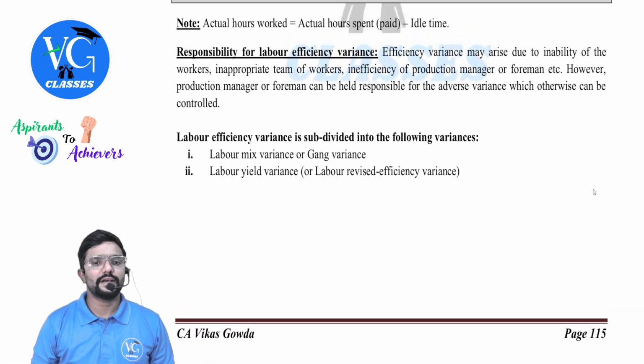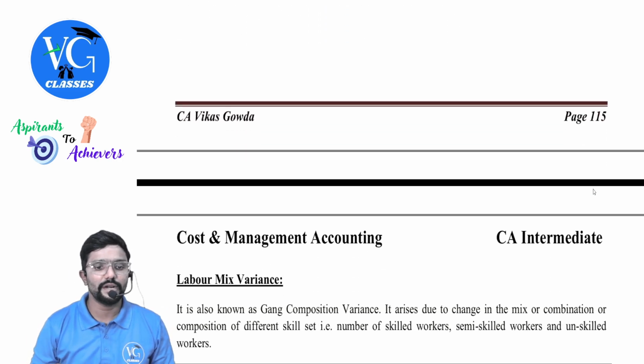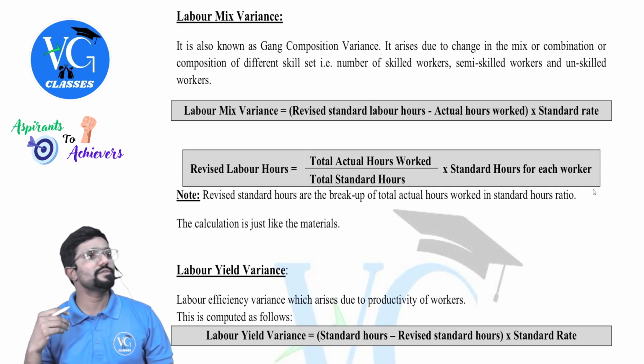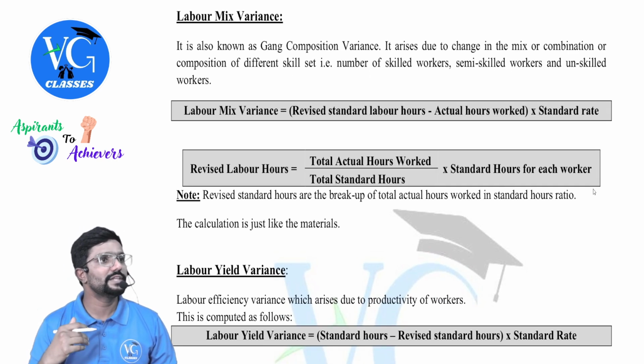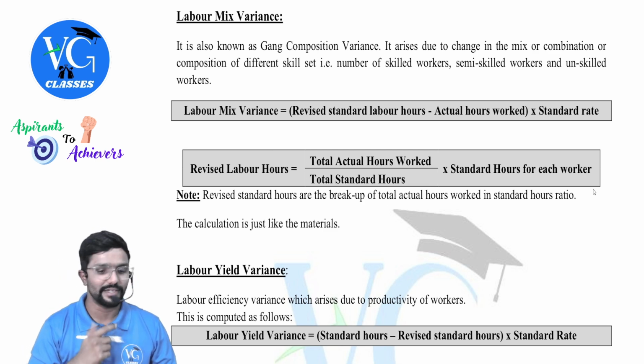And labor yield variance, we also call it labor revised efficiency variance. Know the alternate names, because we don't know what name they will use in the exam, and you should not feel it is out of the syllabus.